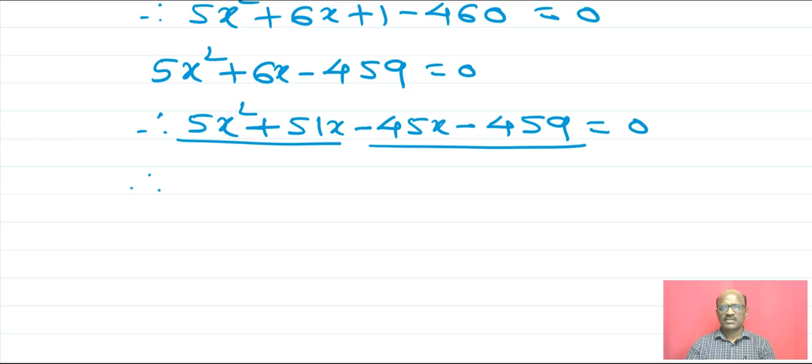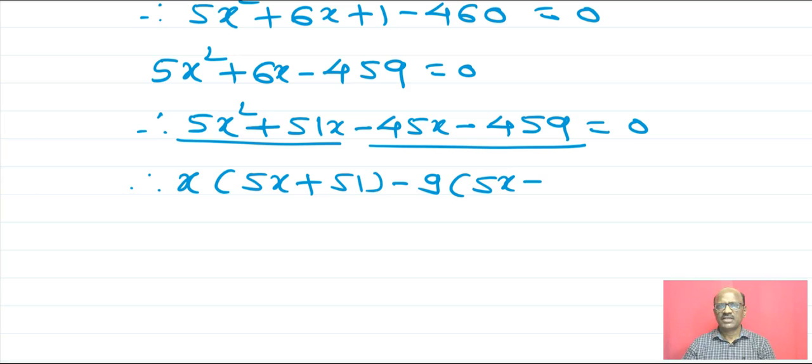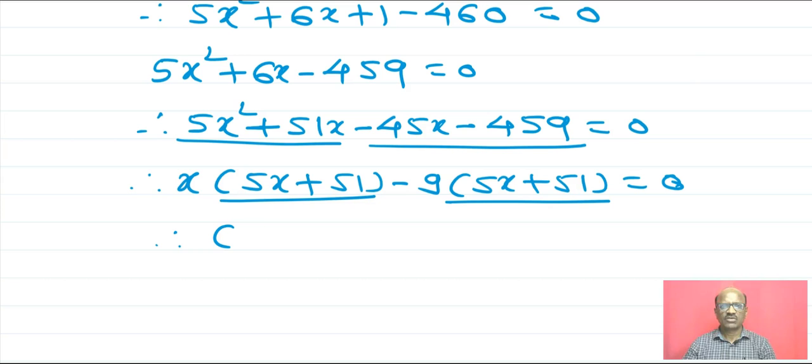From the first two terms, x is common. And from the last two terms, we can take minus 9 common. Then in bracket, minus 9 in bracket 5x plus 51. And from this, take the common 5x plus 51 in bracket x minus 9 equals 0.